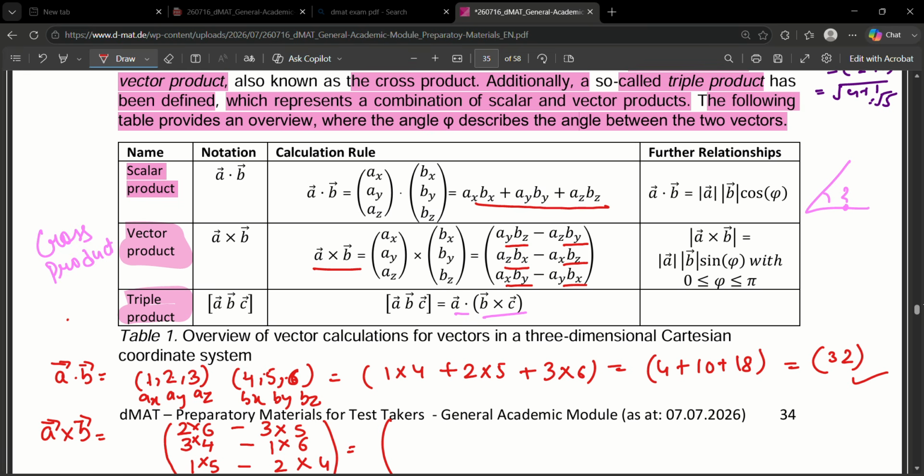That would be 12 minus 15, minus 3, then 12 minus 6, 6, and 5 minus 8, minus 3. So this is not representing a simple scalar number like 32. It is representing a vector here. I have already told you, the cross product will represent a vector.